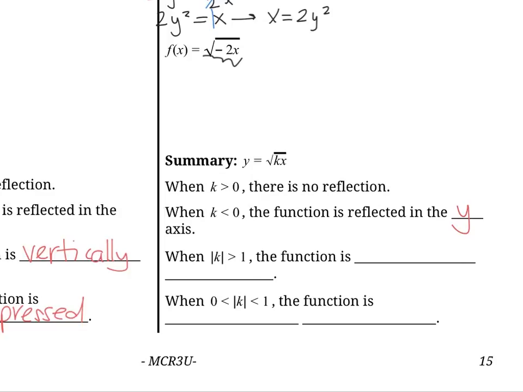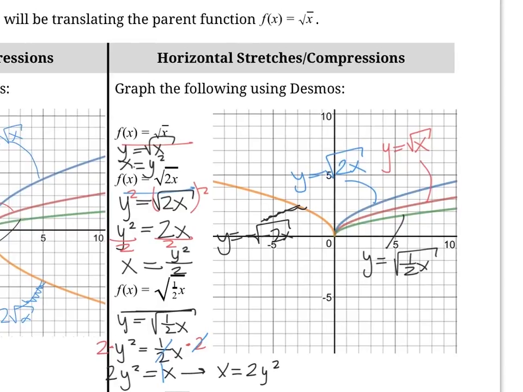So now let's talk about the absolute value of k. When this actually has a number that's greater than 1, then we have to go back and take a look at what actually happened to the graph. Some students might say, oh, well, it got stretched, but we're talking about the horizontal. This k affects the x coordinate.